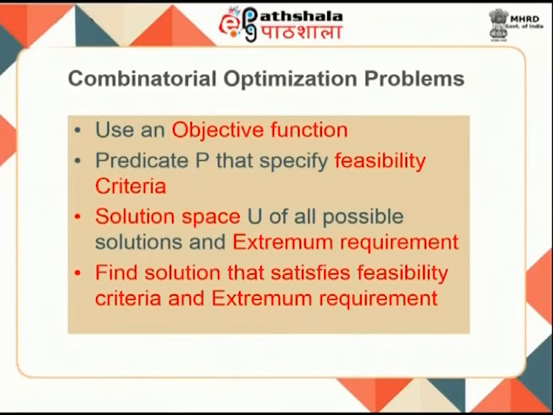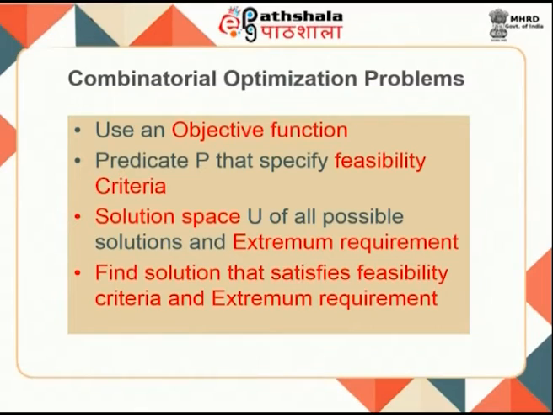Combinatorial problems may also be combinatorial optimization problems. What are optimization problems? As the name suggests, these problems require optimal solutions. The structure of an optimization problem is like this. We should have some sort of an objective function.